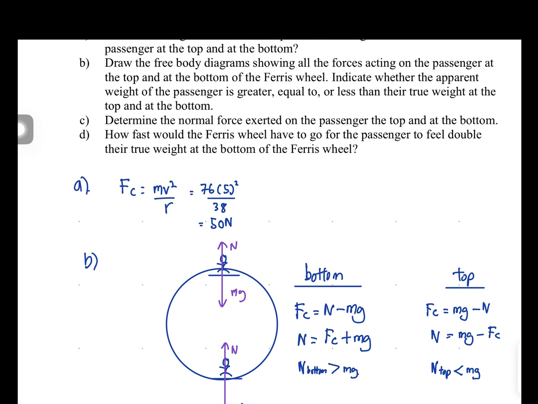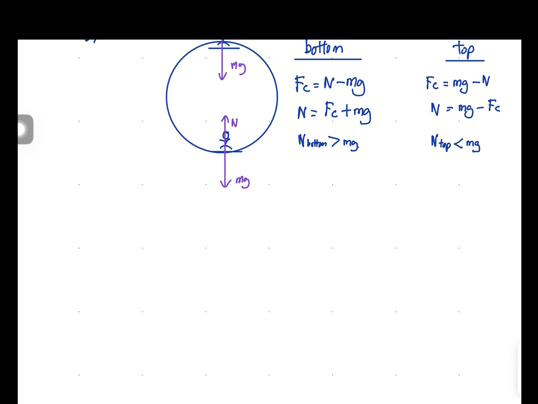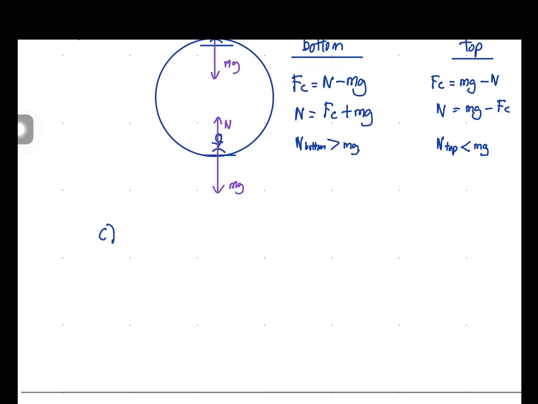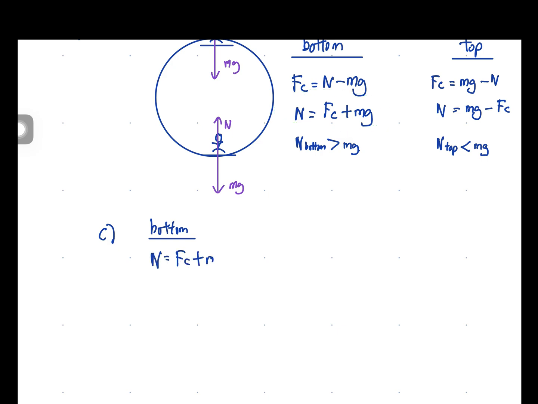Part C: determine the normal force exerted on the passenger at the top and the bottom. So now we need to calculate the value itself. Looking at the equation at the bottom, I'm going to refer to this equation: the bottom normal is equal to Fc plus mg.